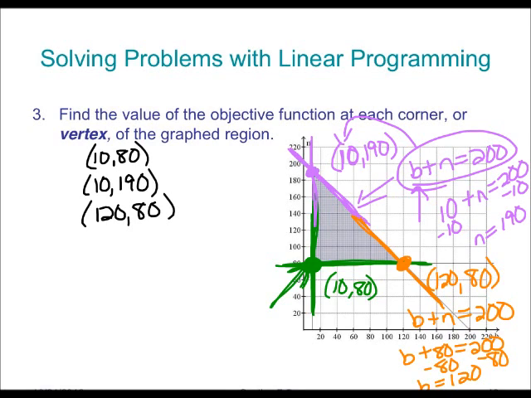Alright, now I have those 3 points. What I need to do is take these 3 points and plug them into my objective function. My objective function, see if I can remember what it is. 500 B plus 350, and let me check that real quick just to make sure I got that right. 500 B plus 350 N. Yep.